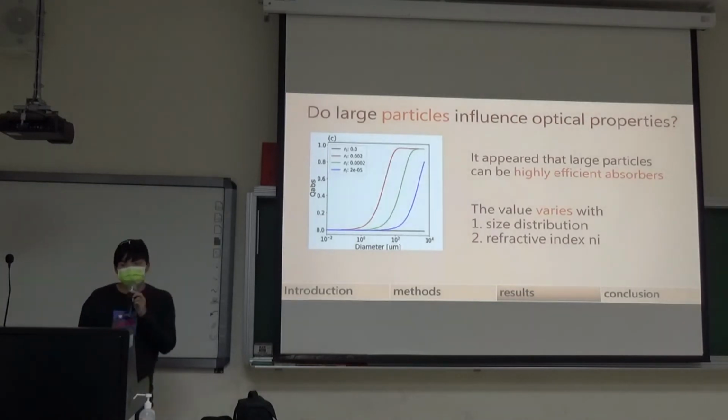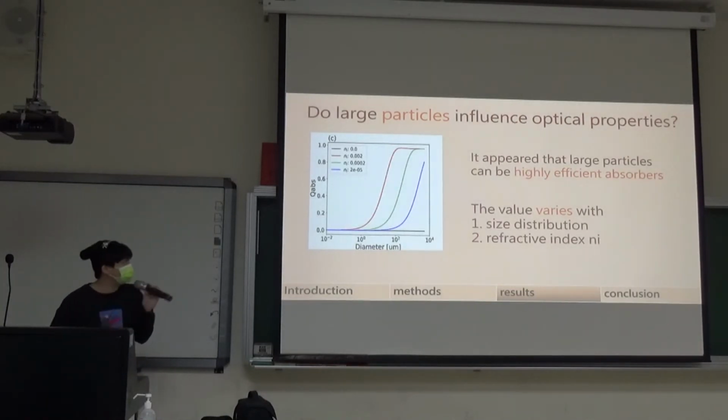So do large particles influence optical properties? It appears that large particles can be highly efficient absorbers, and the value varies with the size distribution and the refractive index Ni.